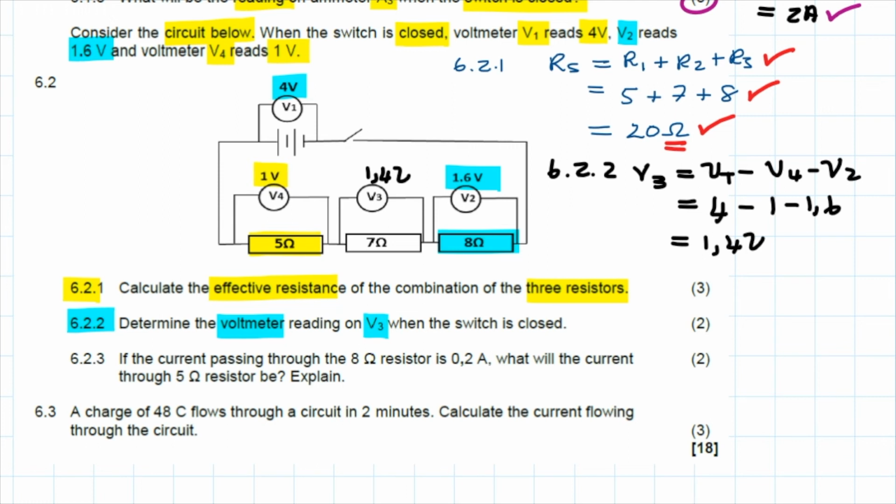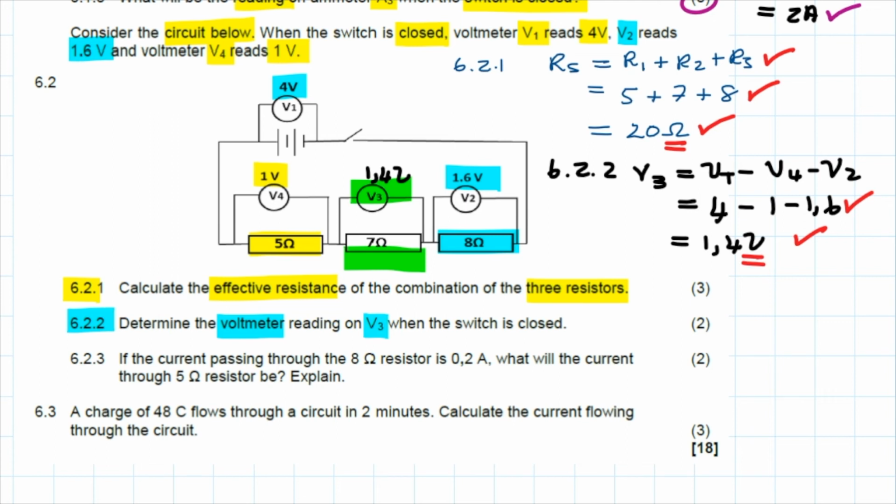And of course, that one that is in between has an in-between potential difference measured across it. The bigger child needs to eat more food while the baby gets less food. Okay, so that is your answer to 6.2.2. 1 mark for your workings, 1 mark for your final answer with the correct SI unit.